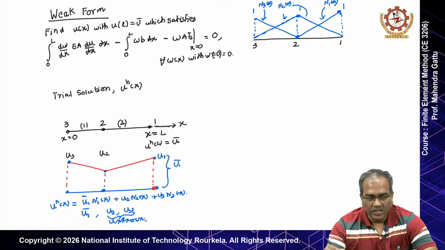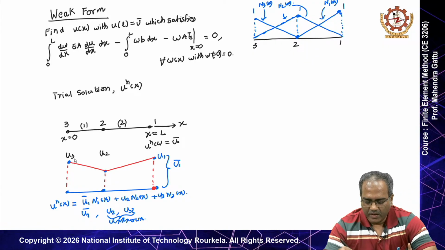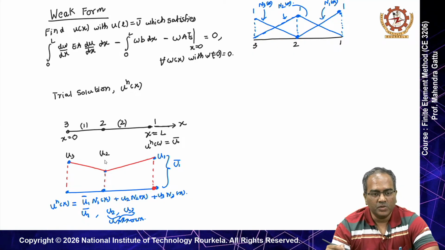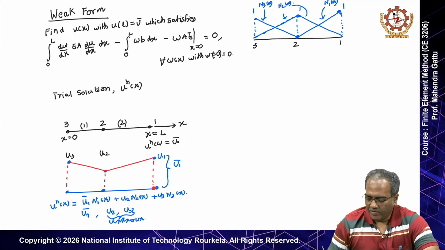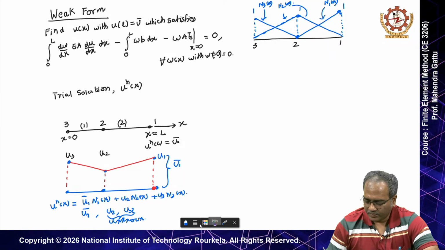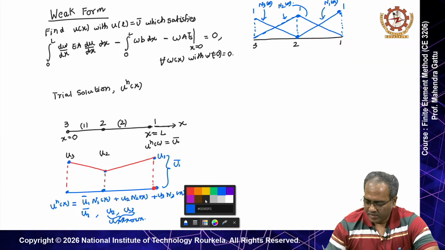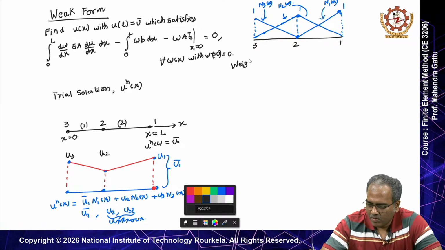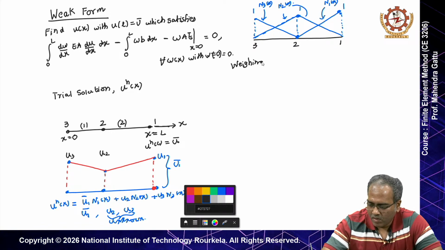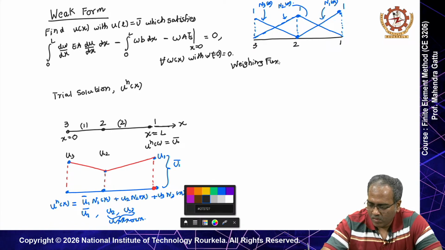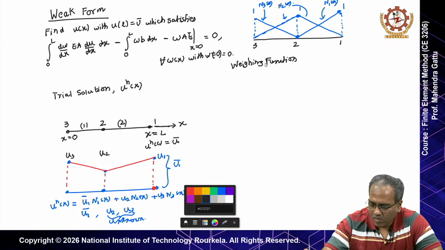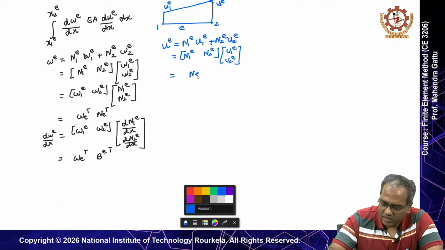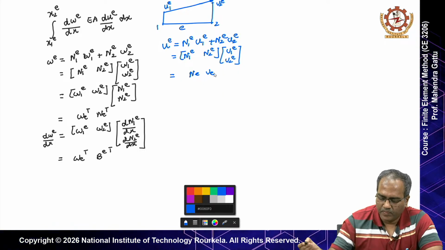So, the trial solution in this problem we are choosing this, and we have to find the unknowns u2 and u3. And the weighing function, what we did, we had the weighing function written like this. We will denote it N e times u e.